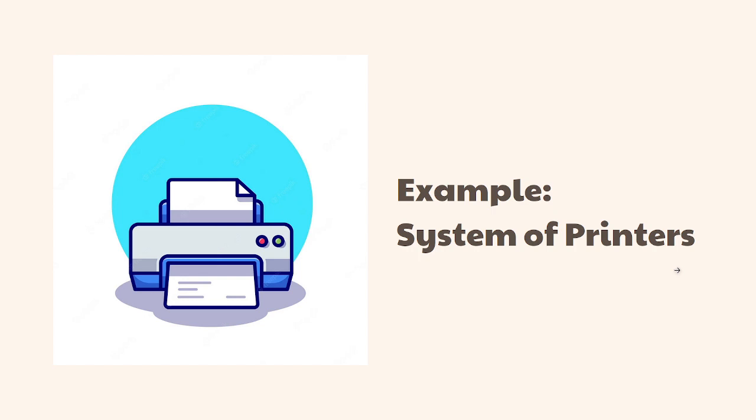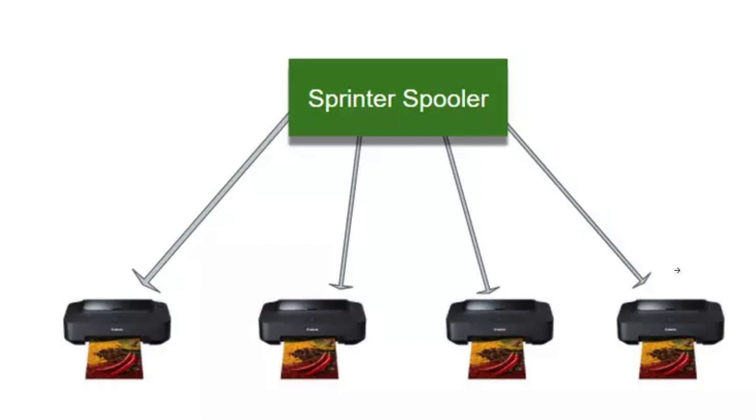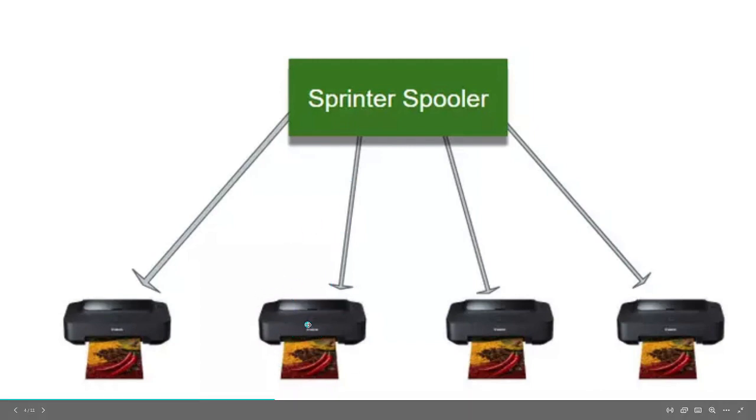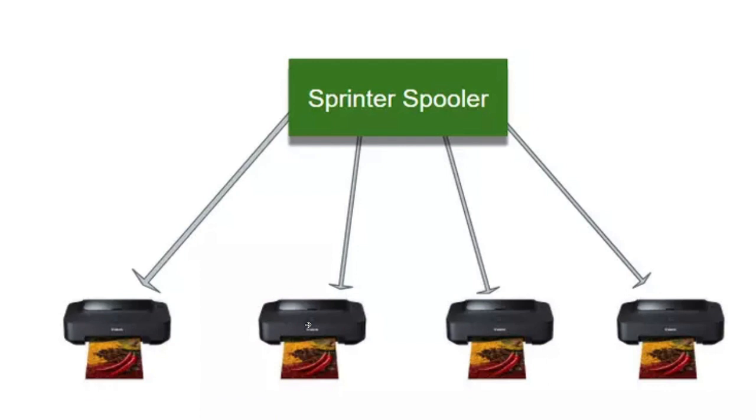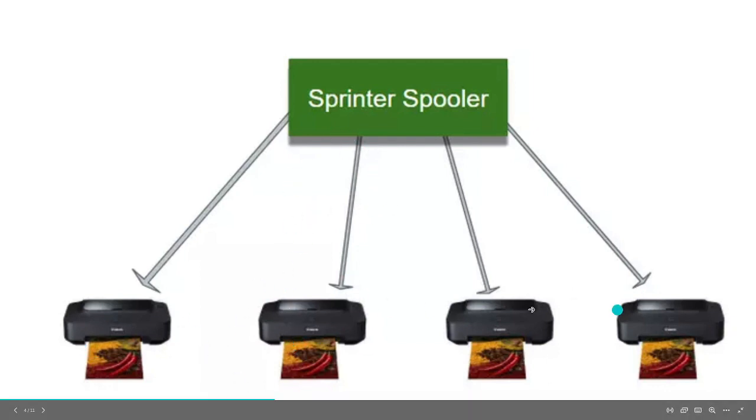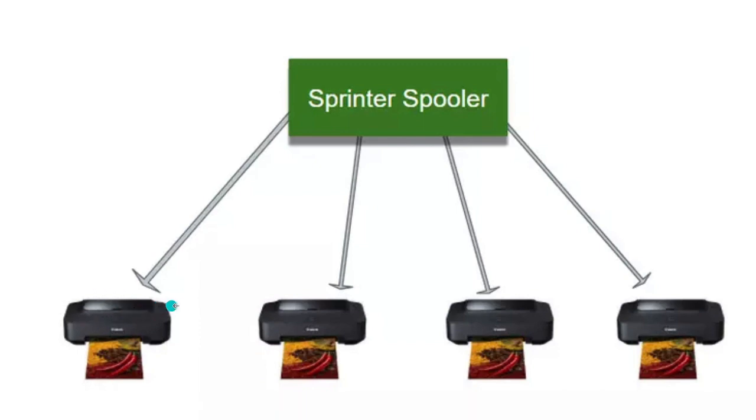We want to give only one command to one printer to bring out the document, the material we need, so we don't end up with four printers printing the same document. So we need some kind of method to help us deal with this. This is called the singleton pattern.